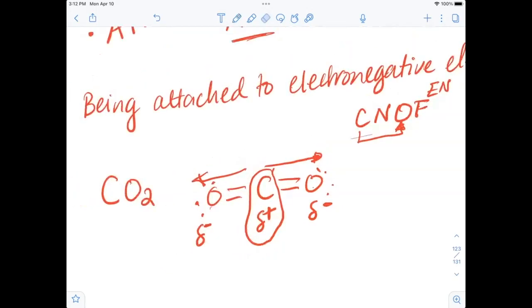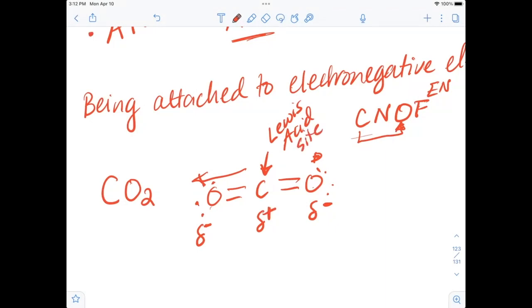So because of that, we're seeing that this carbon, not the oxygen, becomes what is it called? A Lewis acid site, because the carbon is attached to two oxygens on either side that are pulling electrons away from it. It still has access to the electrons, but they're spending more time on the oxygen side because of their electronegative privilege.